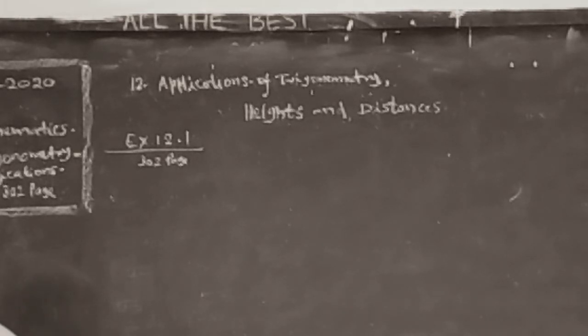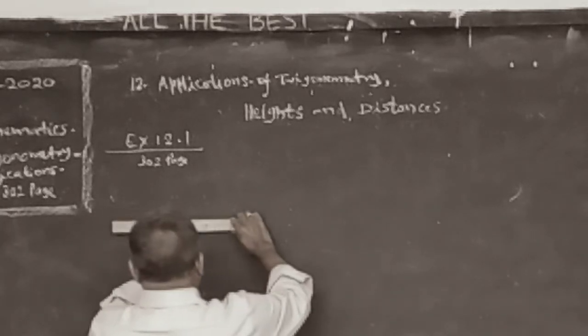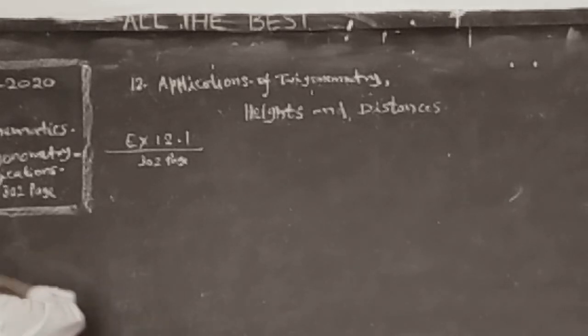For every problem, you draw a right angle triangle and write the angle. See, for every problem in trigonometry, you have to draw a right angle triangle. Angle of elevation given is 45 degrees. You write here 45 degrees, and this is 90.